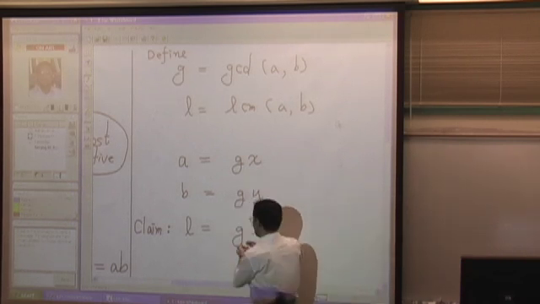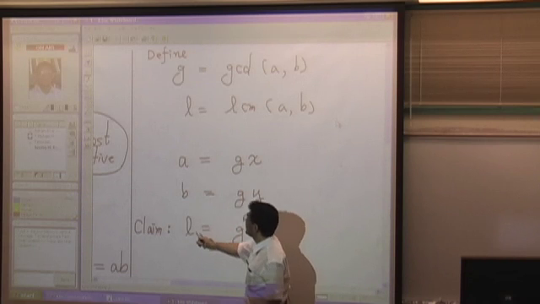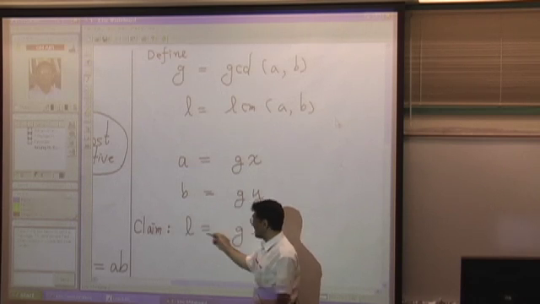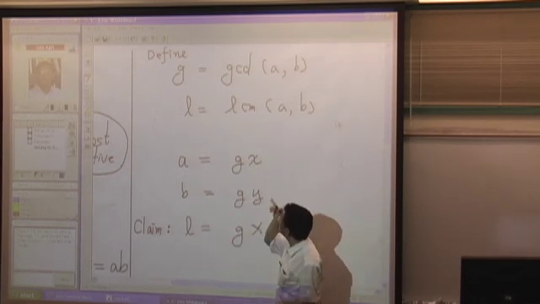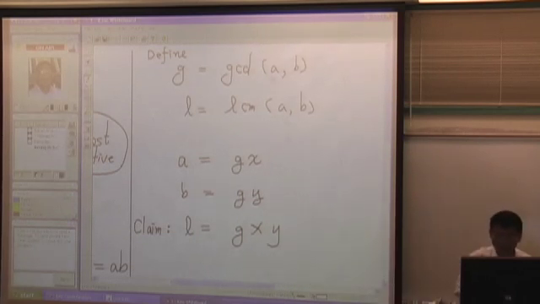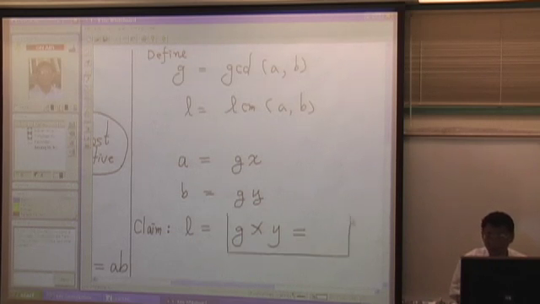Then, as you can see, even though it's not necessarily the least one, we can at least say it's a common multiple. So let's call this part capital L, for convenience.